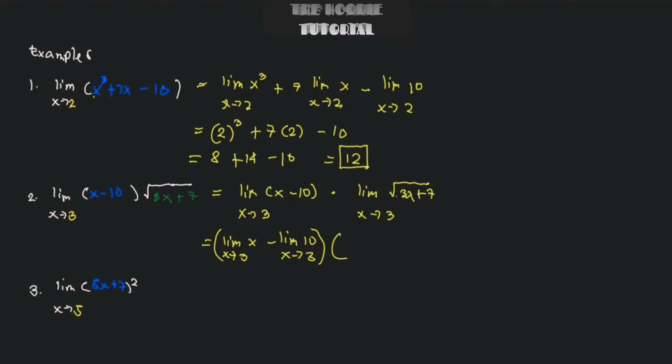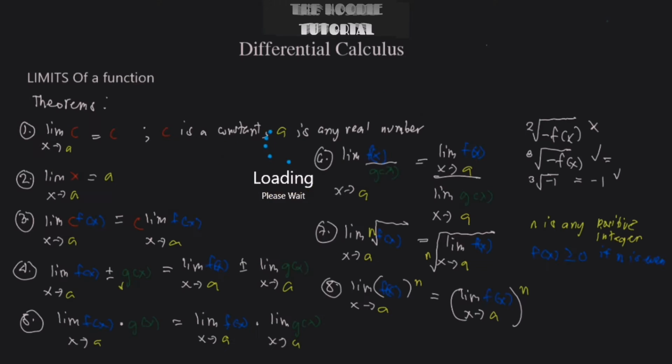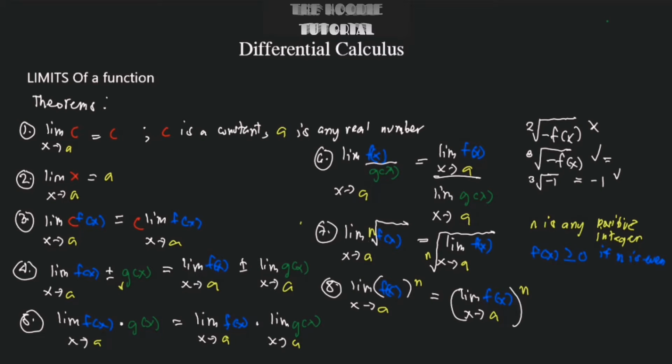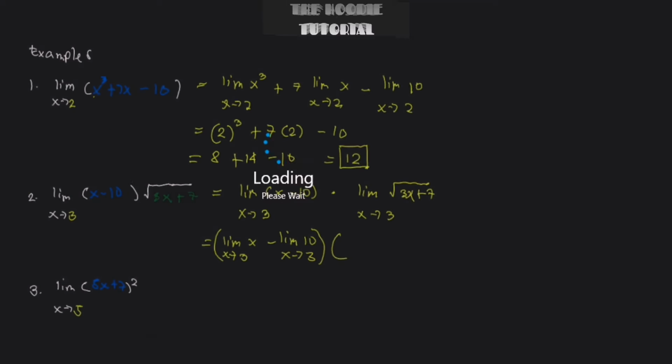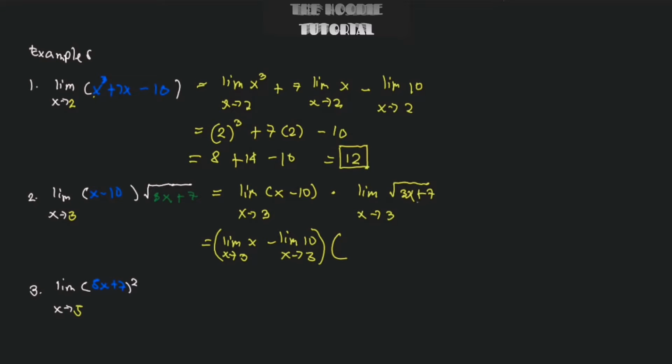This is in a radical form, therefore this is actually theorem number 7. As we look back right here, this is theorem number 7. So we are going to evaluate the limit of the inside function first. The inside function of this one is the inside of the radical. So we need to evaluate that.